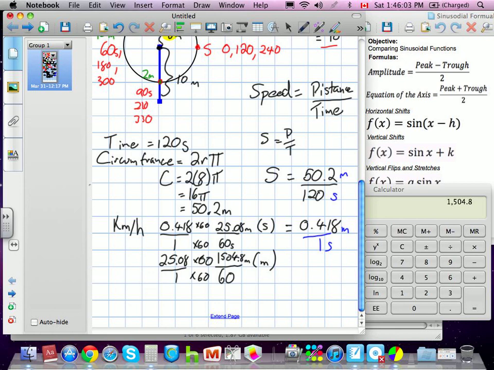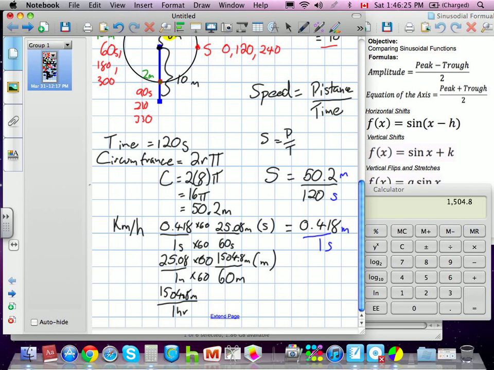Hour. Okay? So, does that seem fast? Seems really fast, but wait, am I measured in kilometers or meters? Oh, I'm in meters. A very different thing, right? So let's put this. This is 1,504.8 meters an hour. Okay? This is per hour. So this was in seconds, minutes, per hour.